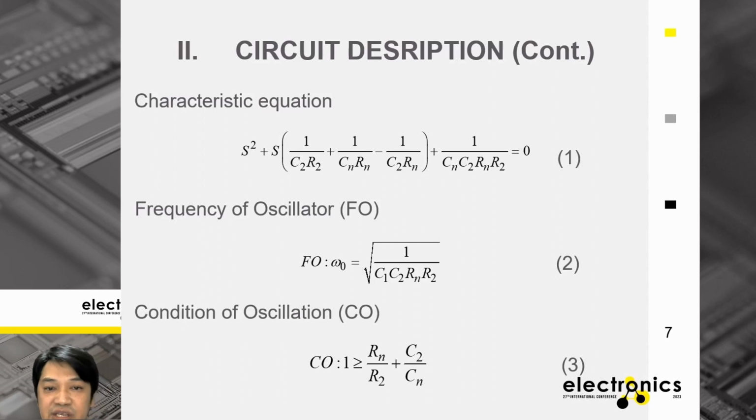If you look at equations 2 and 3, it is very clear that the FO and CO are not independently controlled. However, if the parameters of the negative resistor and capacitor values are matched to the same value, FO and CO can be controlled independently.